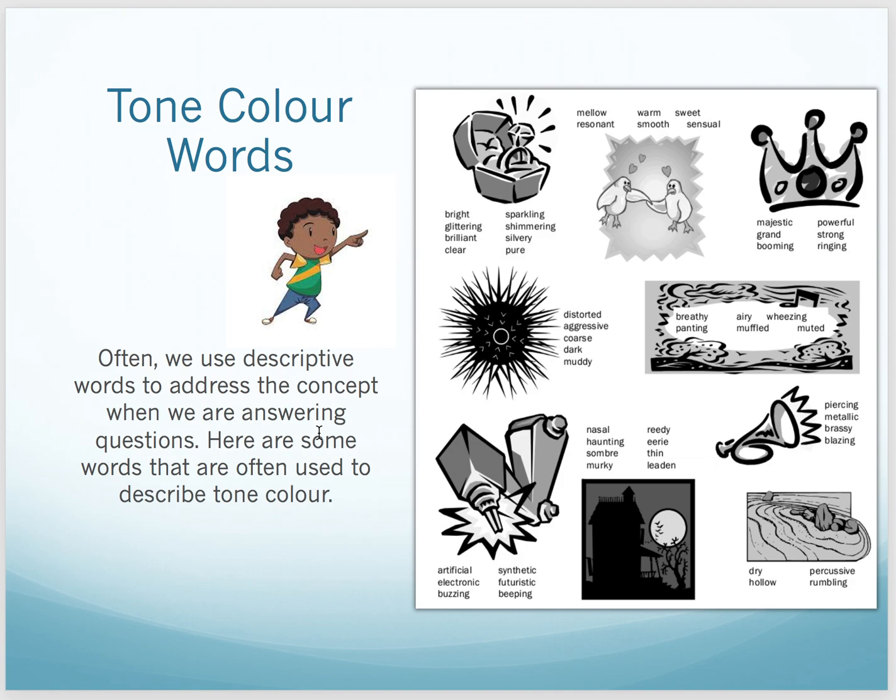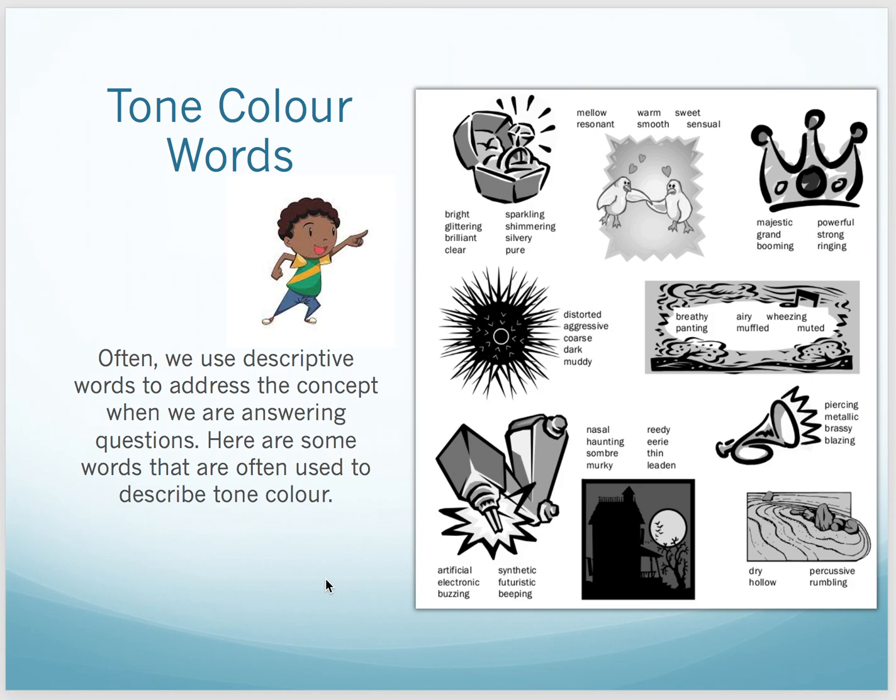Okay, when we're describing tone color, we often use descriptive words to address the concept when we're answering questions. Here are some words that are often used to describe tone color. So we've been through this before. When you're analysing a piece of music, think carefully about what the instrument is, how it's played, what it's played with, and then think of what sound that creates.